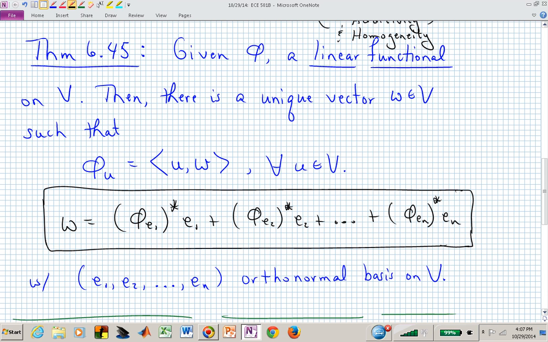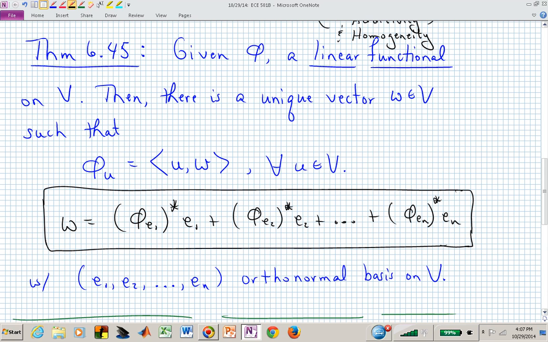Given a linear functional, linear is critical, on a vector space V, there is a unique vector W such that for all u in our vector space V, the inner product of u with this unique W produces this linear functional phi on u. That's what we learned from theorem 6.45.